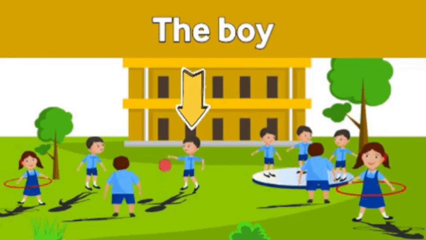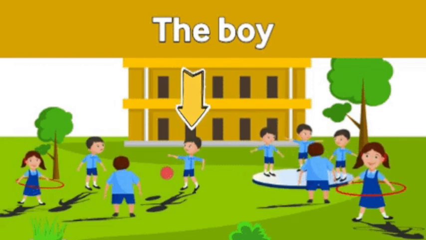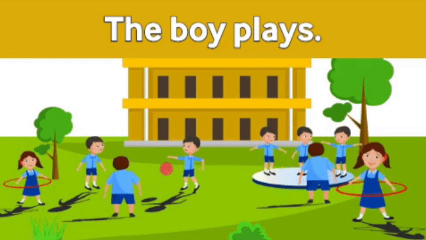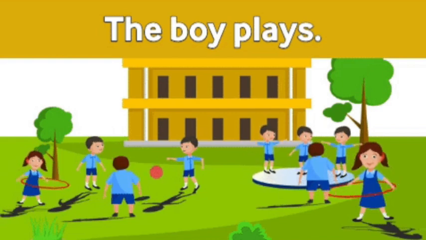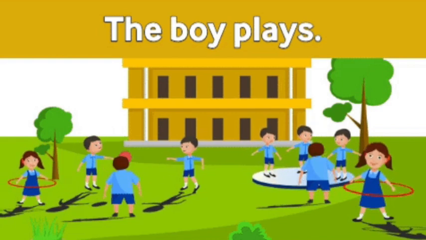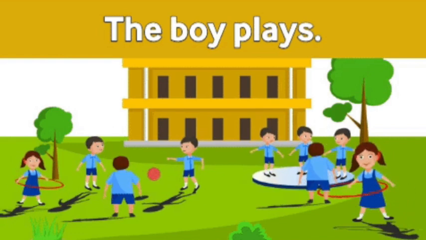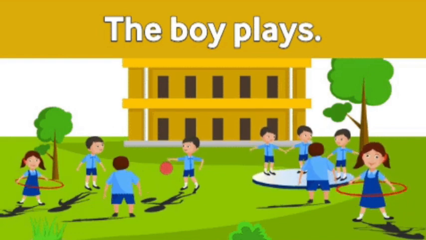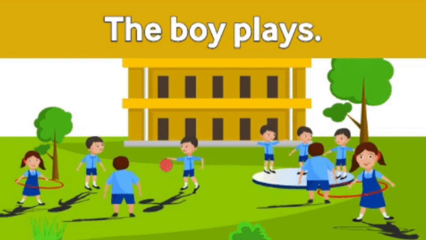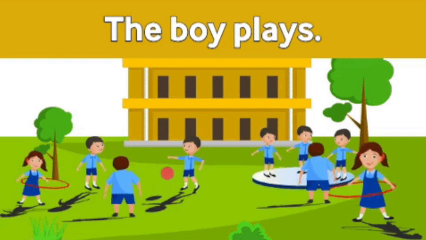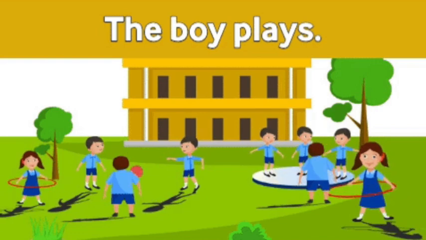In this picture, if I want to write about the boy, I say, the boy plays. And this is a good English sentence, but I feel like there's something missing. And usually, in an English sentence, we don't only stop at the verb, we usually tell something a little bit more about what the subject is doing.